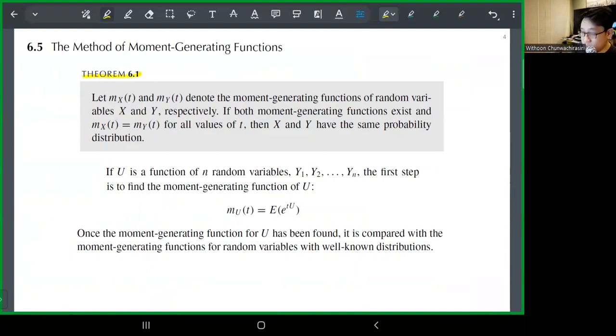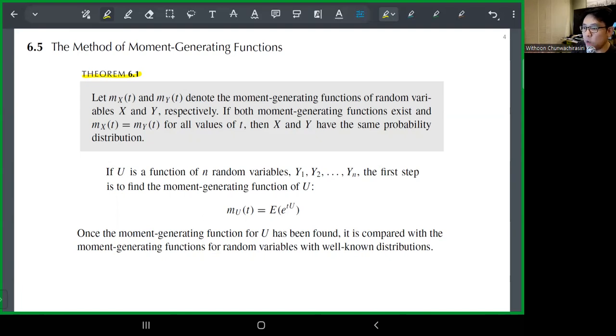Let M sub X and M sub Y denote the MGFs of random variables X and Y respectively. Now, if both moment generating functions exist, we assume they must exist first, and they are exactly the same, we say X and Y must have the same probability distribution. That's the uniqueness theorem of this whole MGF business.